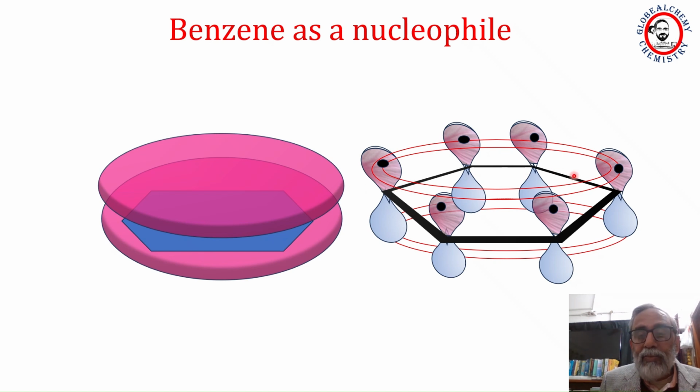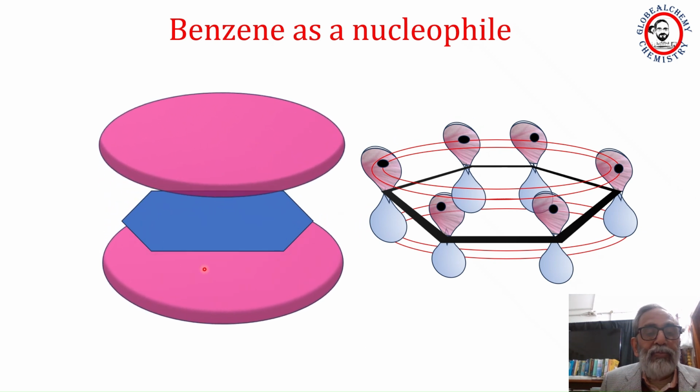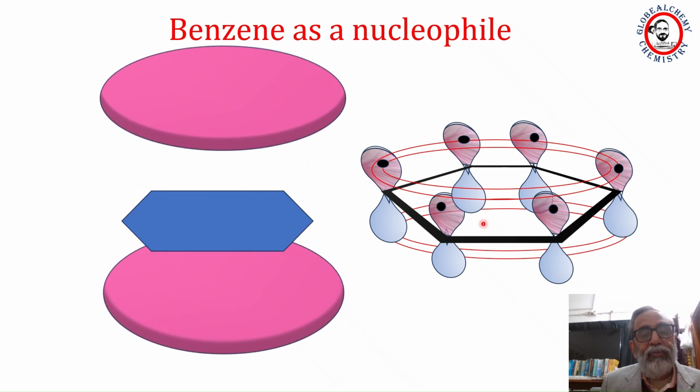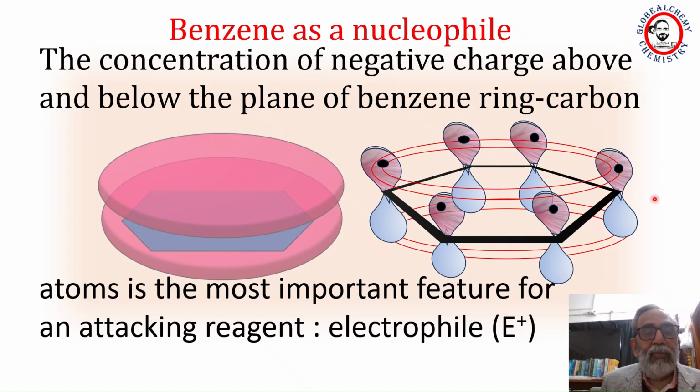This is the benzene plane of the ring, and each carbon has an unhybridized p orbital and contains 1 electron each, and these unhybridized p orbitals are perpendicular to the plane of the benzene ring. So these are the delocalized electrons above and below the plane of the ring, and they form the electron cloud like this.